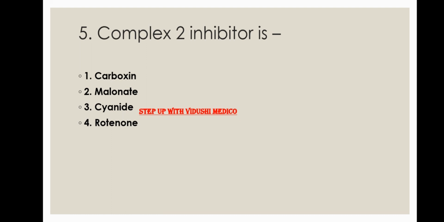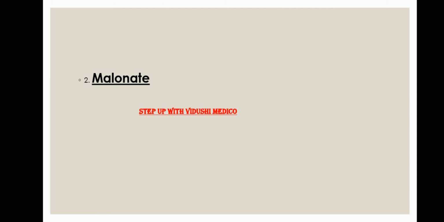So I think this is the easiest question for today's quiz. So the answer is malonate. Malonate is the inhibitor for complex 2. I have already told you that malonate and rotenone are the inhibitors which are quite important, but they haven't been asked in NEET since last, I think, 5 to 6 years. So you should remember them, but they are not that important.